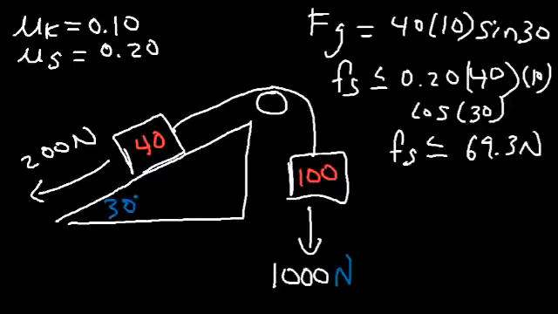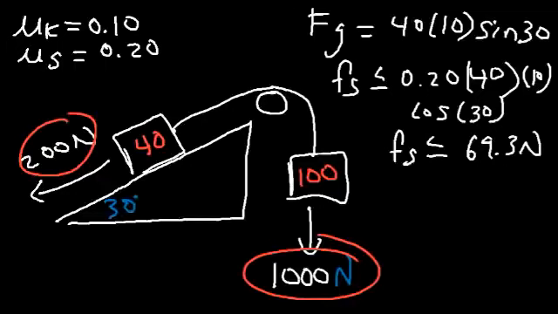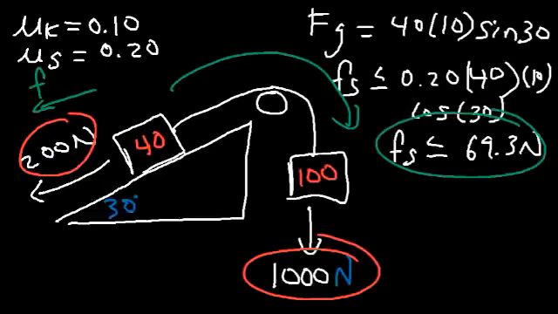So clearly, this force is significantly larger than this force. So it appears as if the system is going to move to the right, which means friction is going to oppose motion, so it's directed to the left. Static friction and the 200 Newton force is not enough to stop this force, so it's going to move. So we no longer have static friction, we need to use kinetic friction.